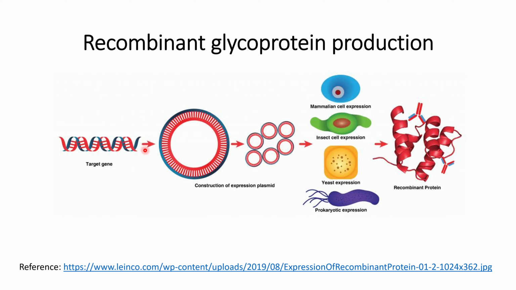They construct an expression plasmid of this target gene and then transfect it into one of the expression systems that can produce the recombinant protein using their cellular expression machinery.